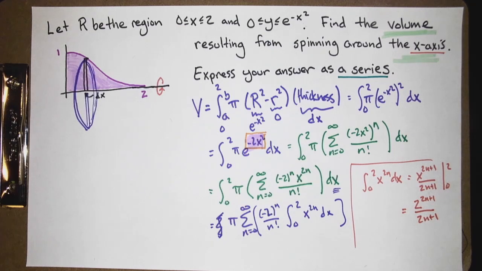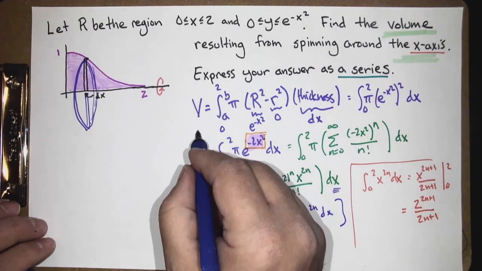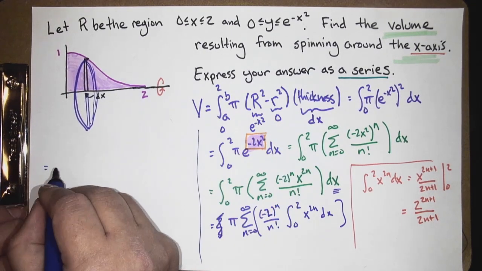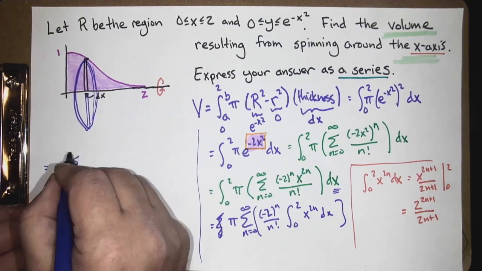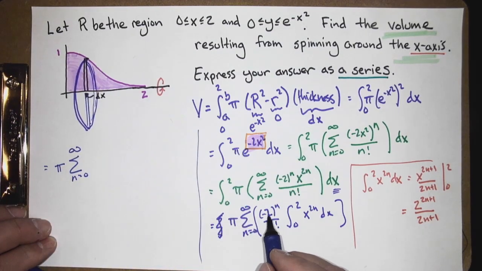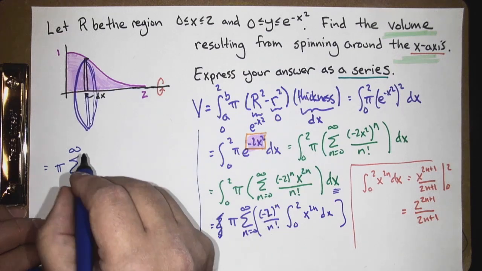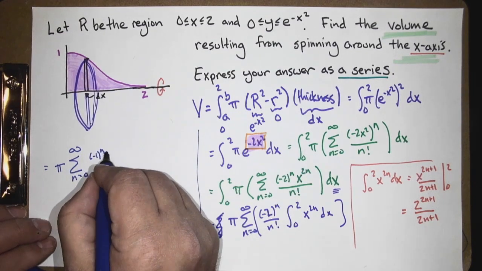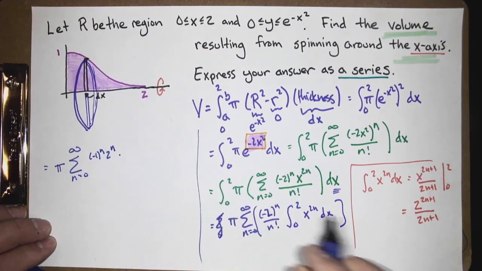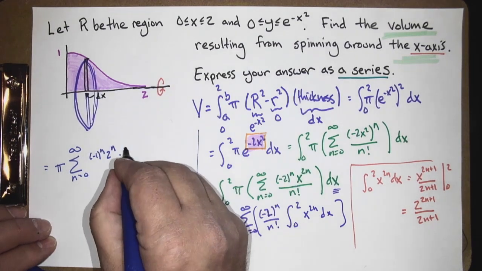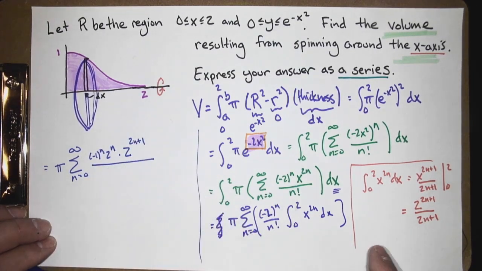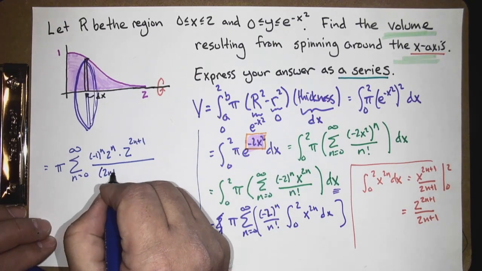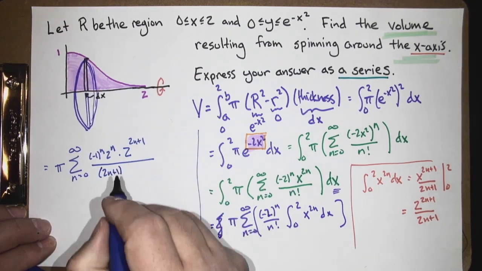All right. So we plug this in. We had our pi sum n equals 0 to infinity. I'm going to do one more thing here. This minus 2 to the n is minus 1 to the n, 2 to the n. Then we're going to times it by 2 to the 2n plus 1, divided by 2n plus 1, and then there's also an n factorial.